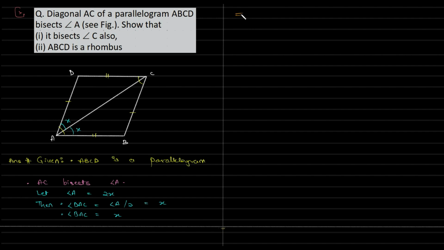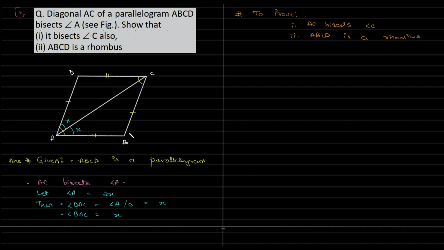So that's your given. And to prove, we have to prove that AC bisects angle C, and the second thing is ABCD is a rhombus. So how do you prove something is a rhombus?